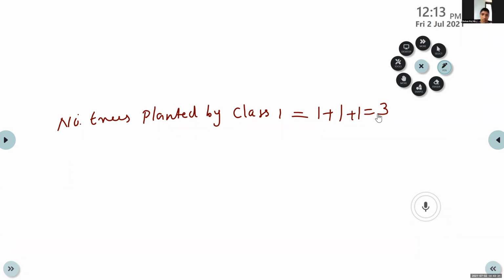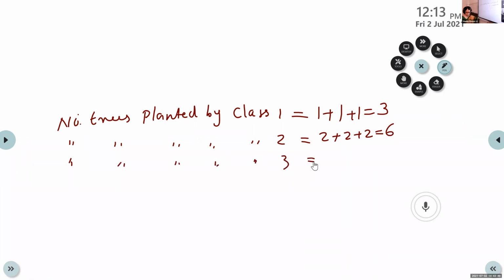So 3. Then what is the number of trees planted by class 2? 6. 2 plus 2 plus 2, it is 6. Similarly, the number of trees planted by class 3 is 3 plus 3 plus 3 equal to 9.